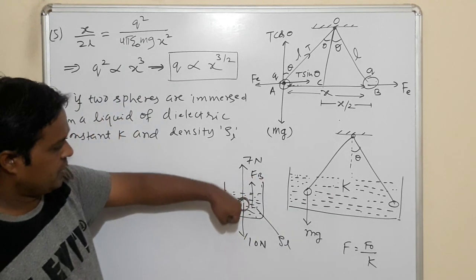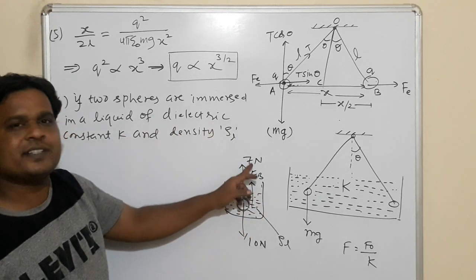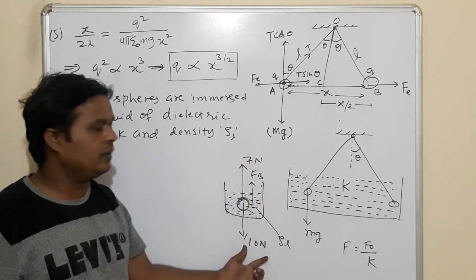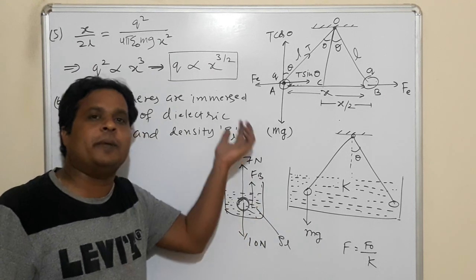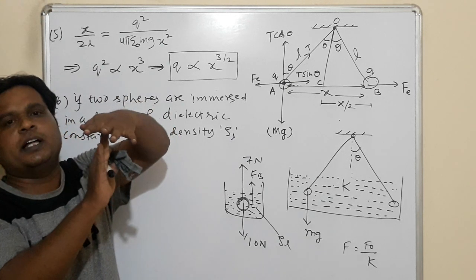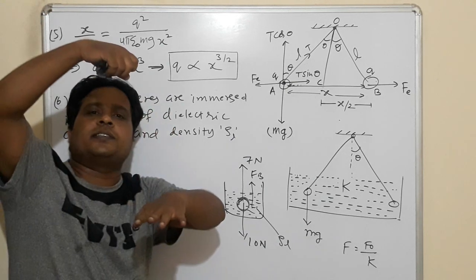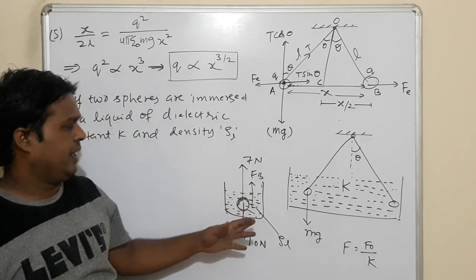See, when it was inside the liquid and I lift it, it appears to be 7 Newton. Actually it is 10 Newton. That means 3 Newton of buoyant force is acting in the upward direction and supporting me.